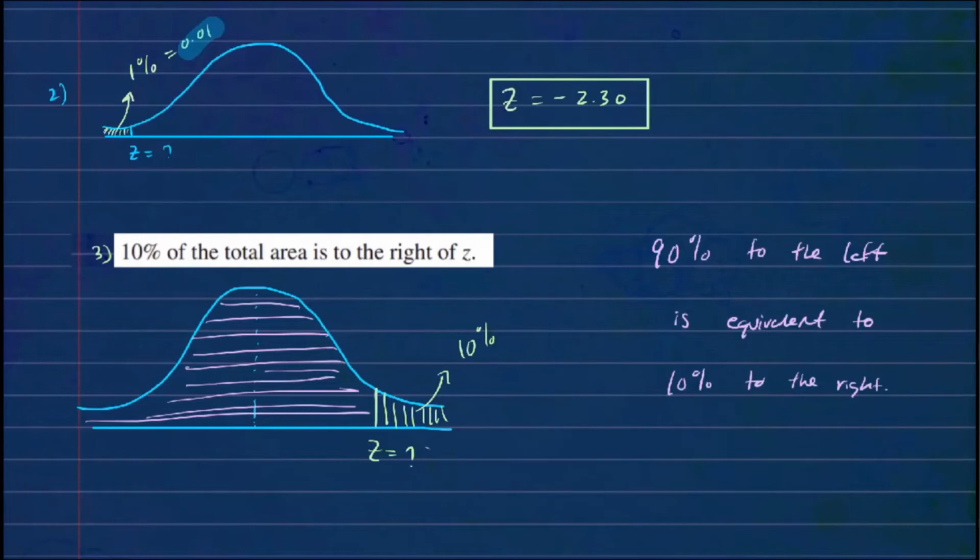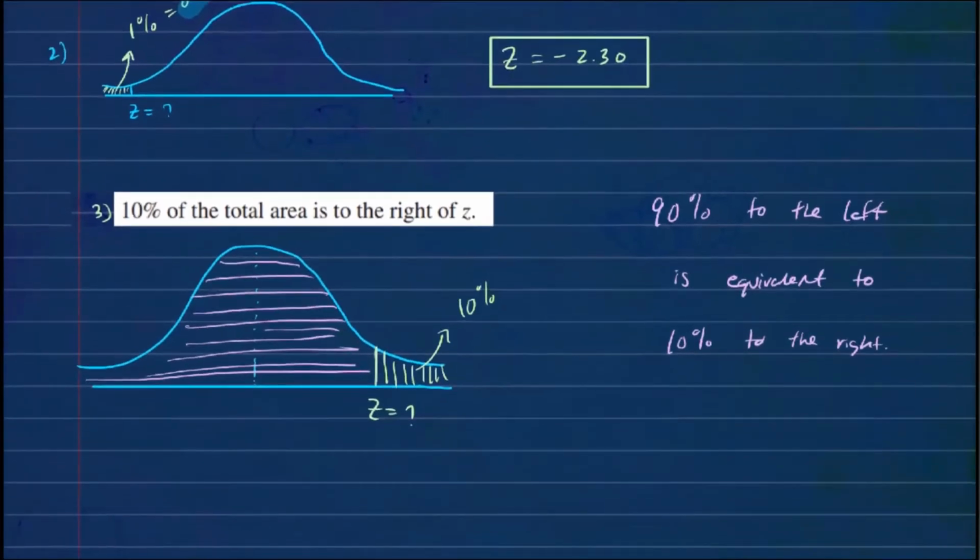So if I can look for 90% of the area to the left, then you're going to use the same z for 10% to the right.